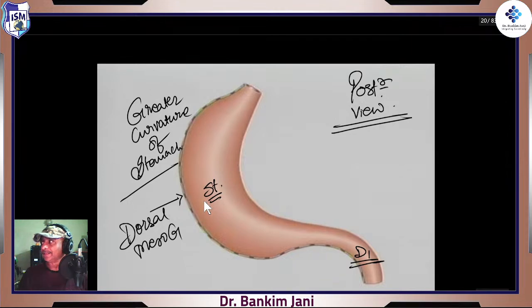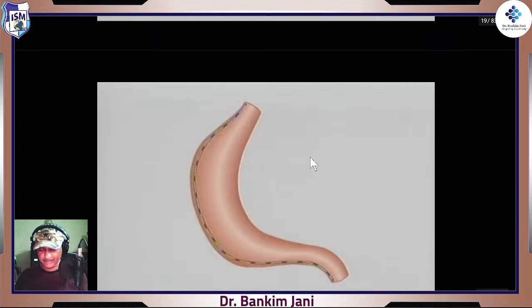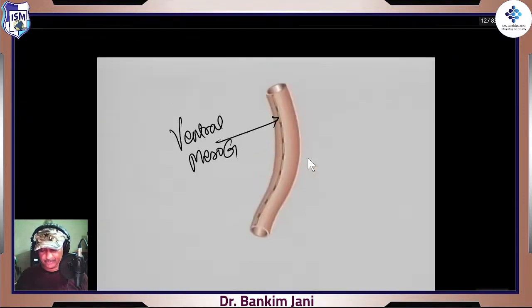GIT, in simple words, is the entire digestive system. At this point of time, just remember gut is the digestive system. So the entire digestive system starts with that tube, and its location is the abdomen, right? You can ask any question, don't worry.